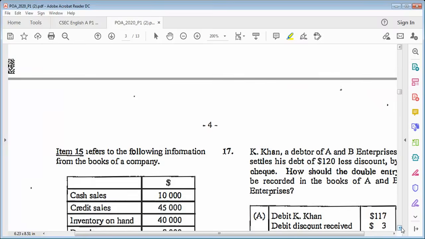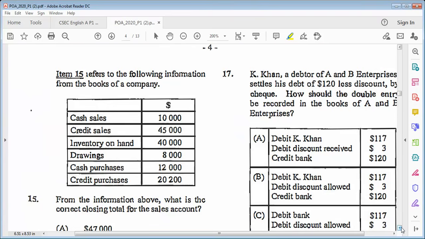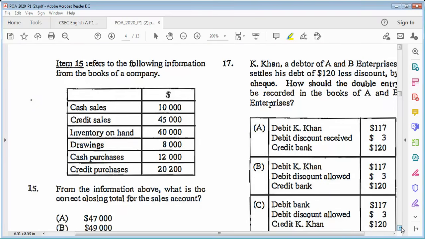Let's move on to 15. Here it says, item 15 refers to the following information from the books of a company. Cash sales, $10,000. Credit sales, $45,000. Inventory on hand, $40,000. Drawings, $8,000. Cash purchases, $12,000. Credit purchases, $20,200.